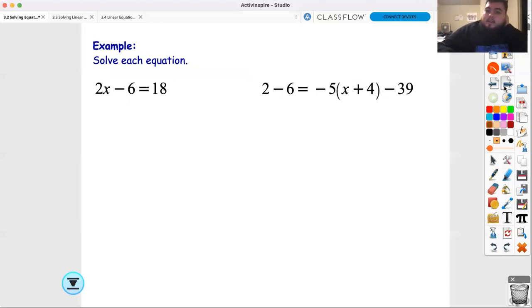All right. Here are some more examples, guys. There's 2 examples. Draw a line in the middle. I'm going to give you about 1 minute to set them up in your notebook.